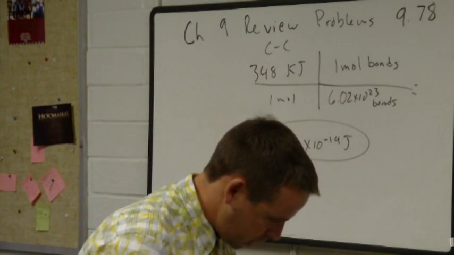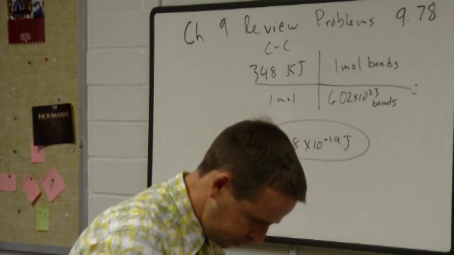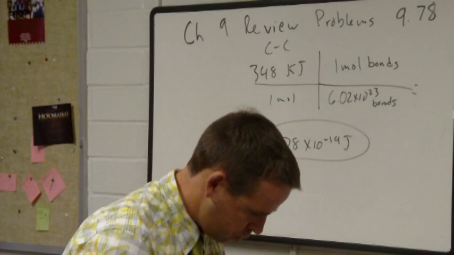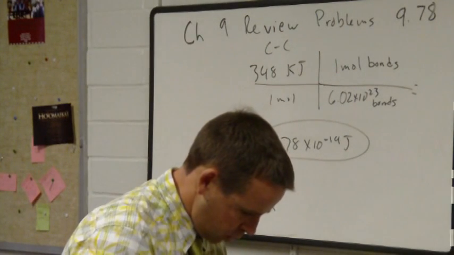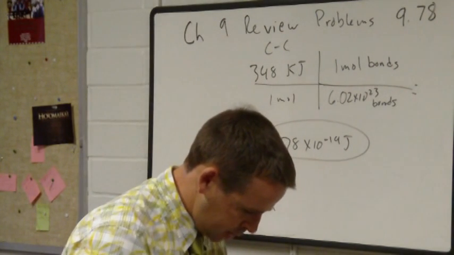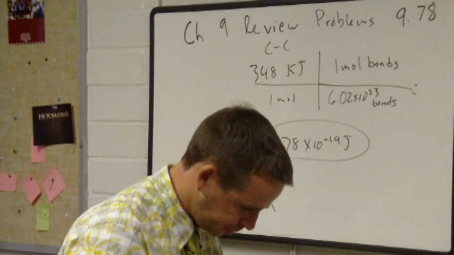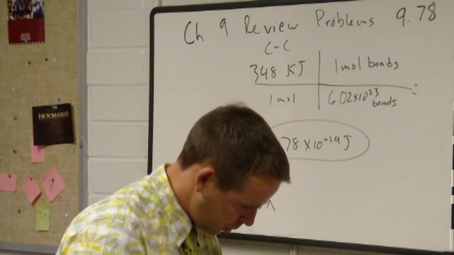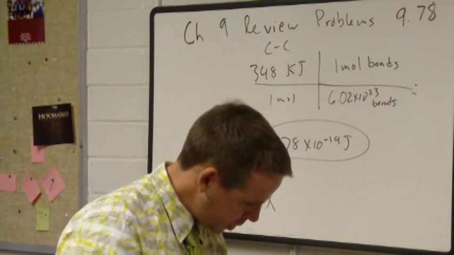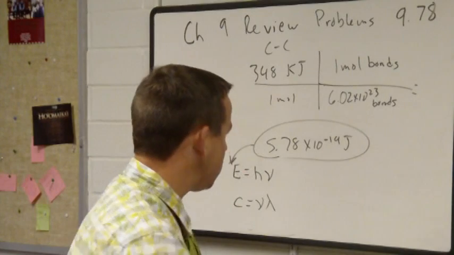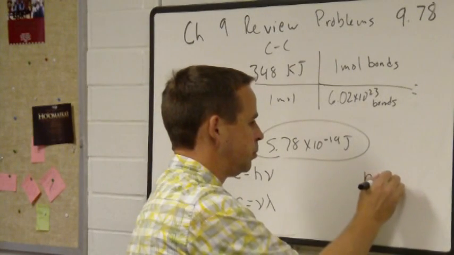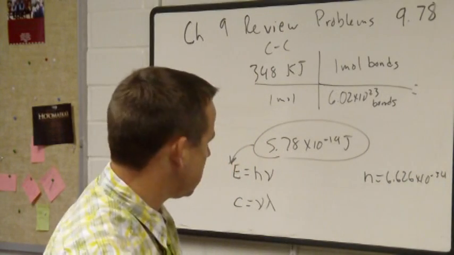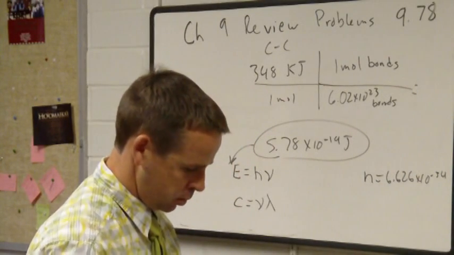What was Planck's constant again? Let's see, where is it? It's on page 312, 6.626 times 10 to the minus 34.